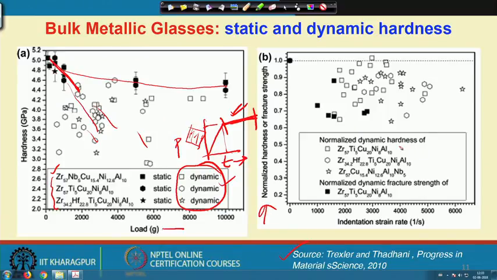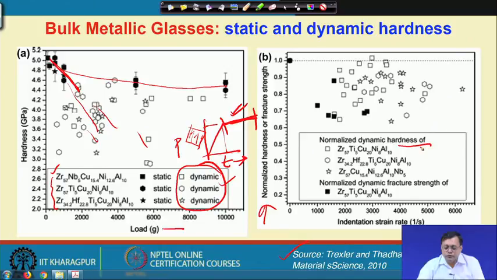On the other hand, there are some fracture strength studies that people try to look at. So, normalized dynamic fracture strength matters, because if we have to use these glassy alloys as a kinetic penetrator, both the static as well as the dynamic hardness are very important.